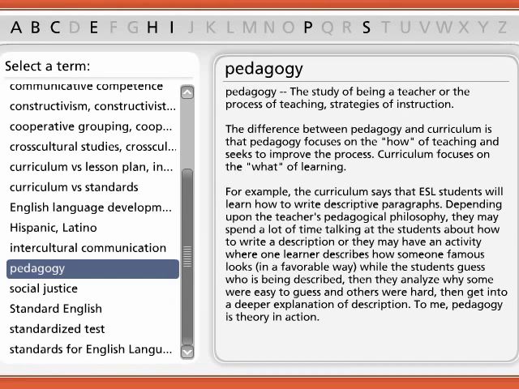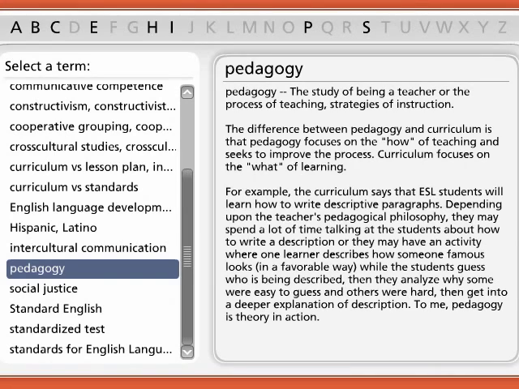Depending upon the teacher's pedagogical philosophy, they may spend a lot of time talking at the students about how to write a description, or they may have an activity where one learner describes how someone famous looks in a favorable way using nice language, while the other students guess who is being described.